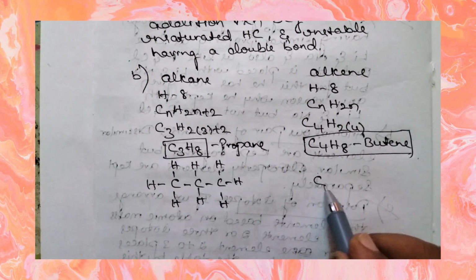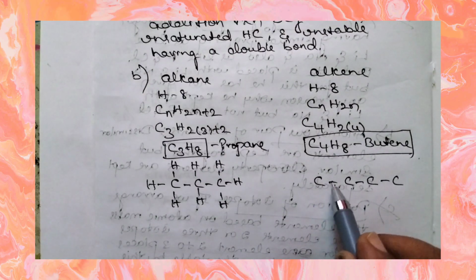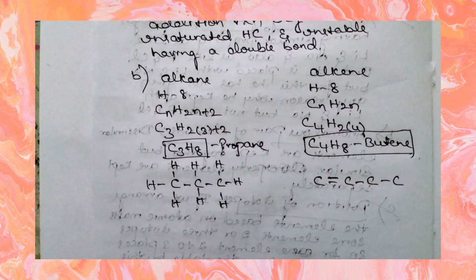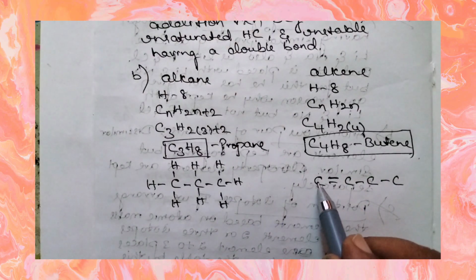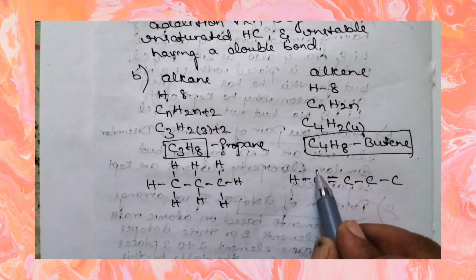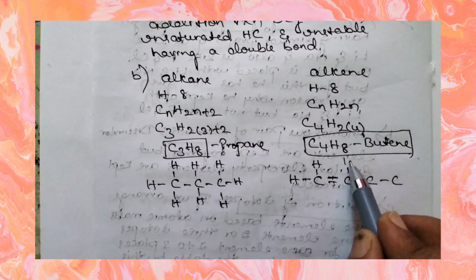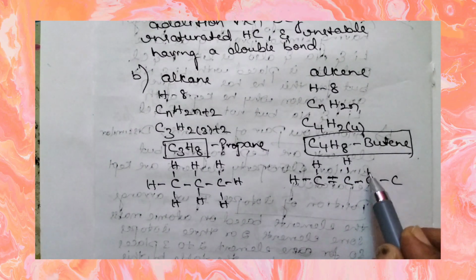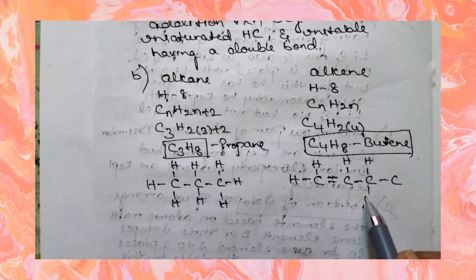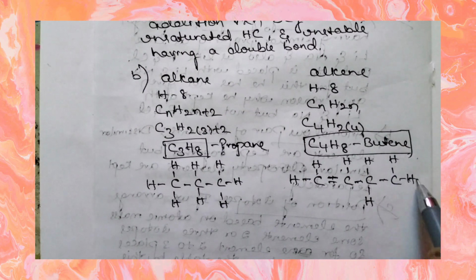Now let us write the structural formula. 1, 2, 3, 4 carbons. Between any two carbons you have to write a double bond. Then the hydrogens, 1, 2, 3, only one hydrogen, then 1, 2, 3, 4.